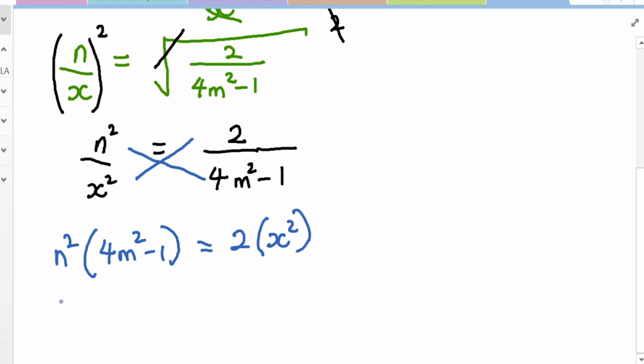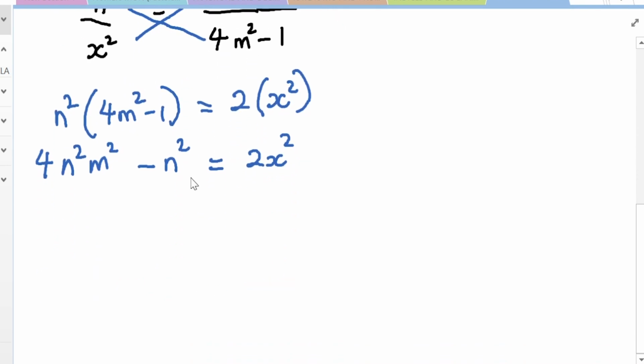So let's open brackets here: n squared times m squared, that is 4m squared n squared, minus n squared, is going to be equal to 2x squared.